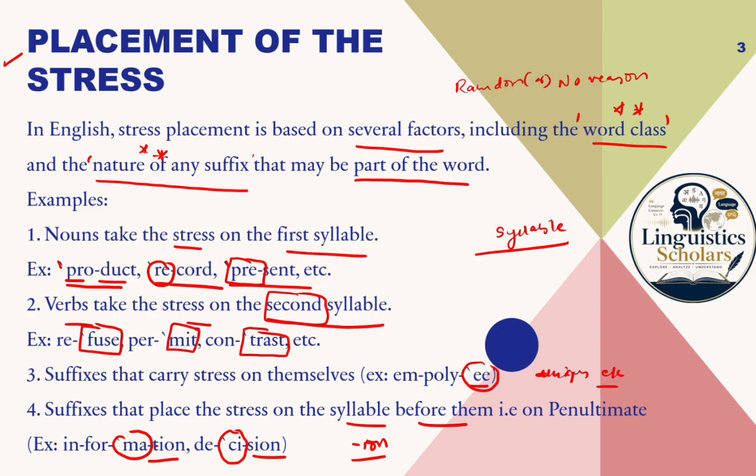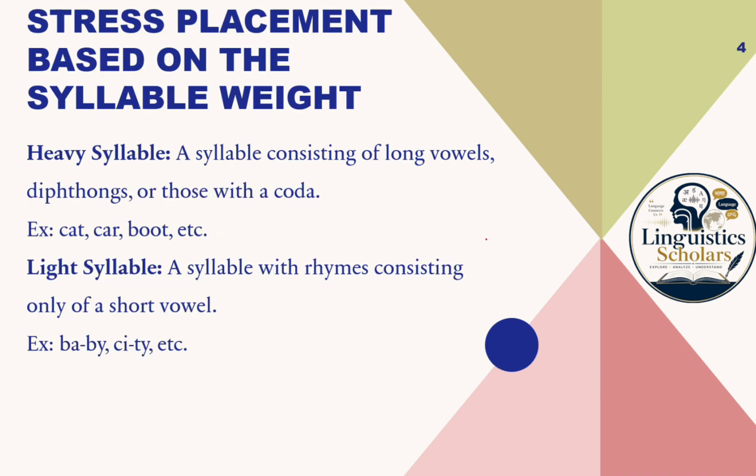Okay, stress is influenced by several factors, majorly including word class and the nature of the suffix. Next, stress is placed based on syllable weight. Since now we have looked at the suffix as well as word class, one other major criterion is syllable weight.